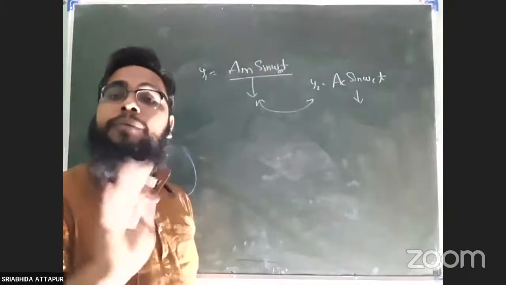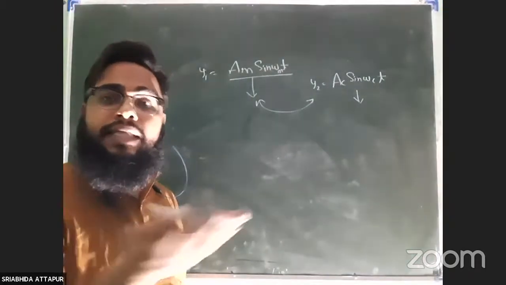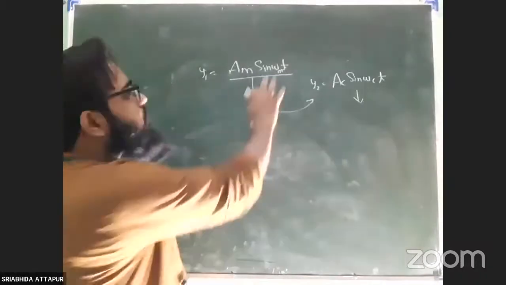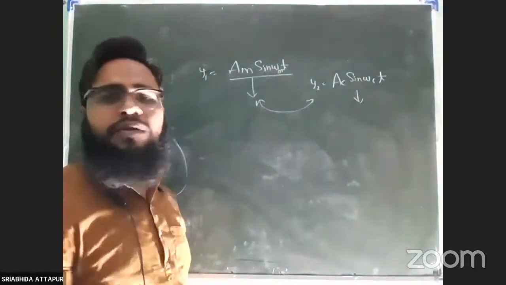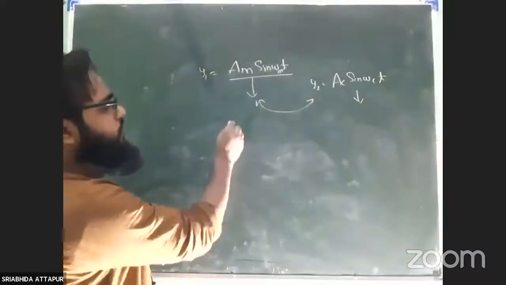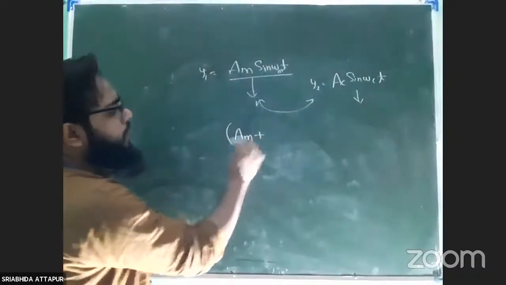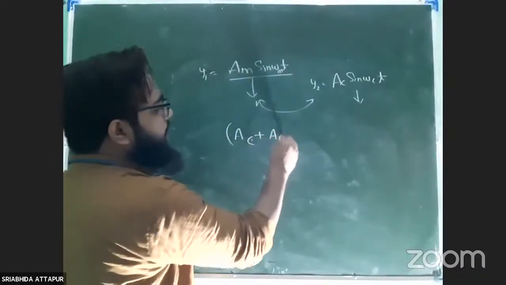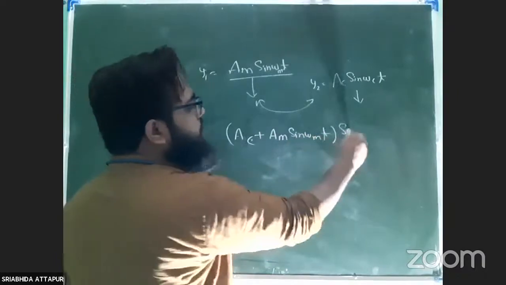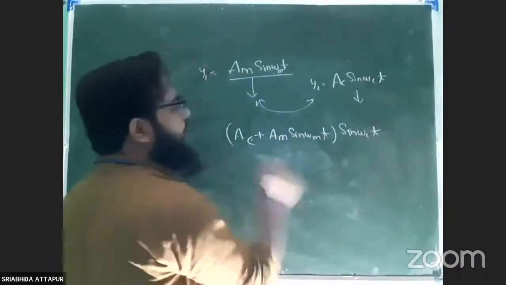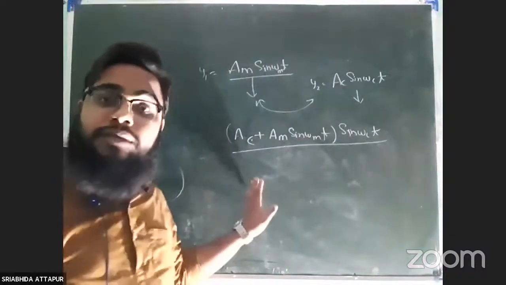Remember that one also, because in 2019 they asked this question, but instead of sine they asked cos. This will not matter, you know how to convert cos into sine. If I ask what the resultant is, it will be Ac plus Am sine omega m t, into sine omega c t.